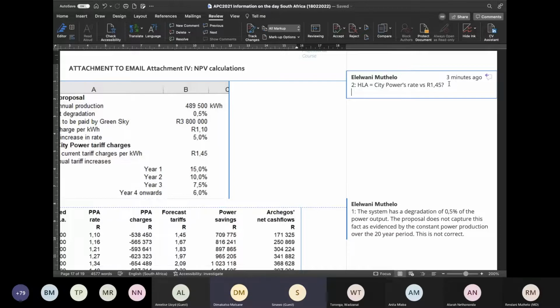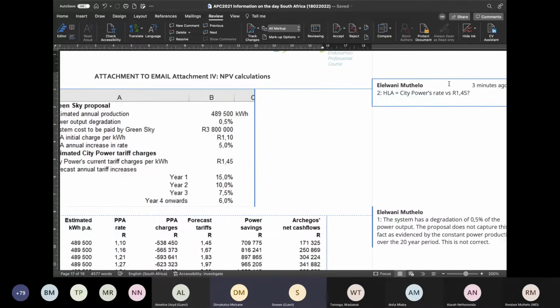So how I've done my research was that if they said our expected annual usage will be 489,500 for year 1, then I said what will be the monthly usage, which I found to be 40,791. Then I needed to go back to their tariff block to allocate the number of units.